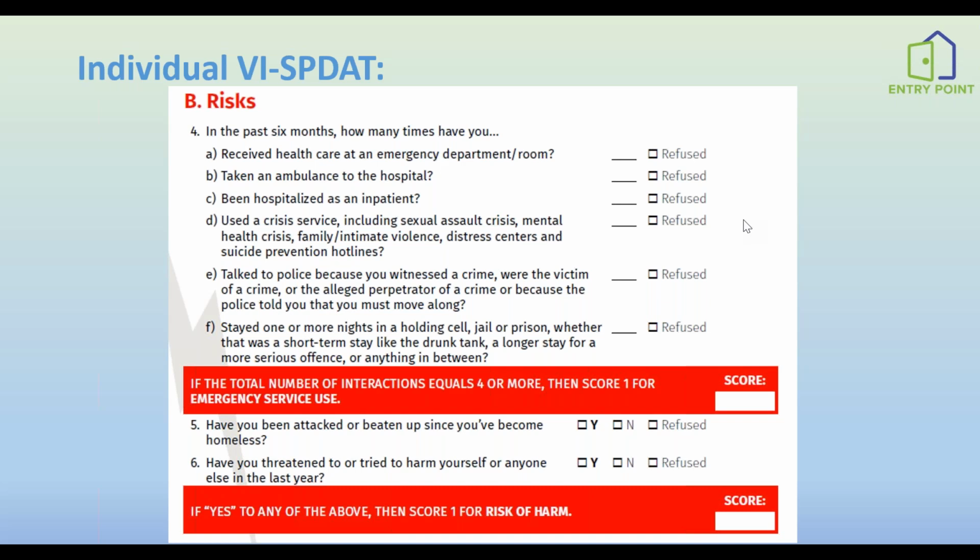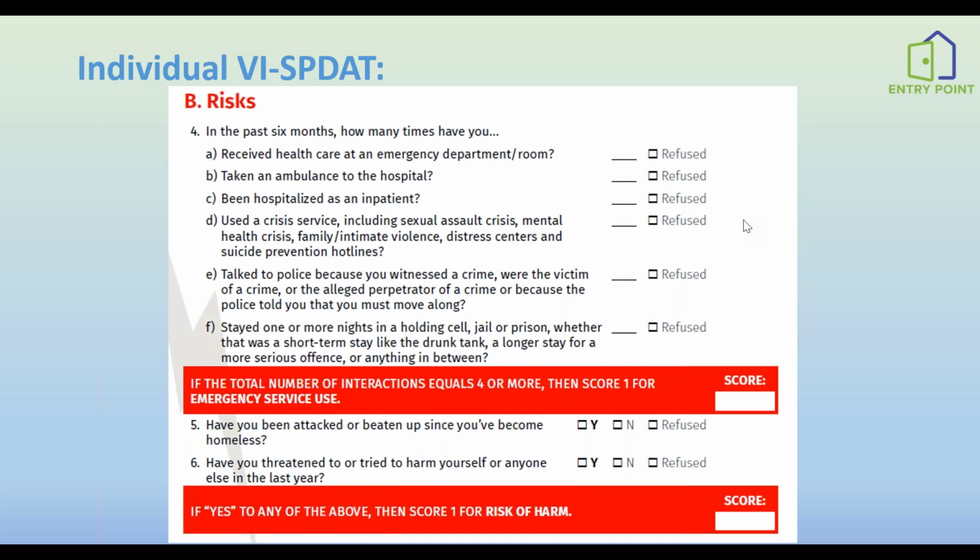The first question is, how many times have you received healthcare in an emergency department or emergency room? How many times have you been taken by ambulance to a hospital? Now, these are referring to the specific person.